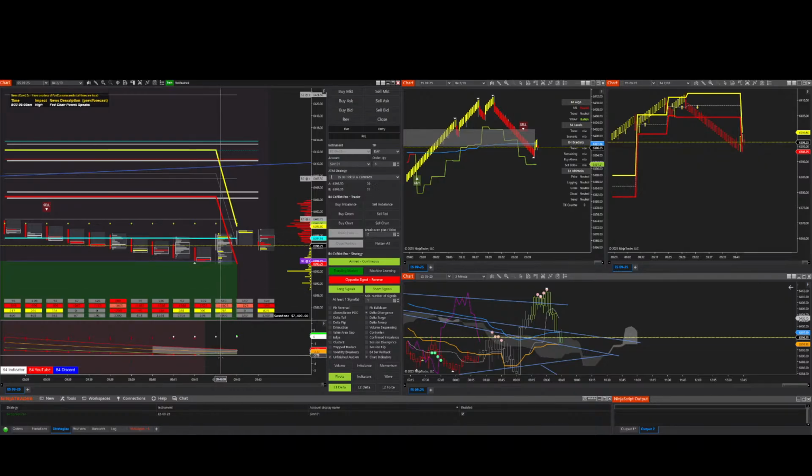Extended on the lower side. Squeezing. Chikou still above candles. Looking for the bullish here Ichimoku wise.